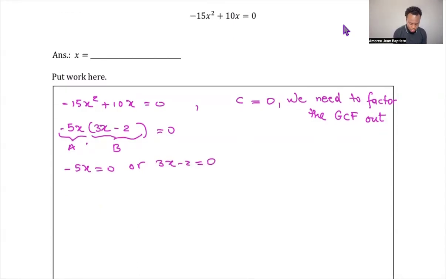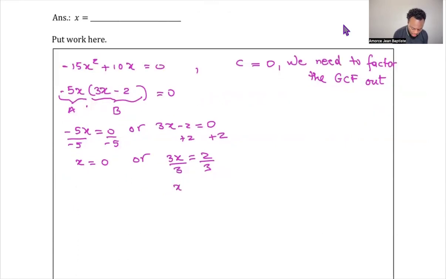So this one, to isolate x, I can just divide by negative 5. Then x equals 0. Or here, I can add 2 on both sides. 3x equals 2. Then divide by 3 on both sides. Get x equals 2/3. The solution set here is 0, 2/3. Two solutions here, 0, 2/3.